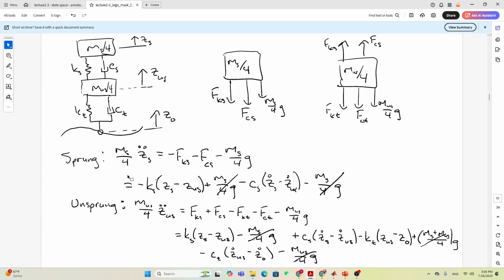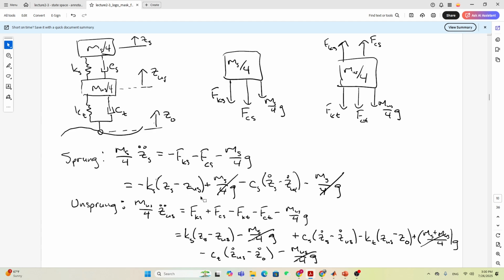So let's use Newton's second law to write down the equations of motion of the sprung and unsprung mass. For the sprung mass, you have to consider the relative displacement between the sprung mass and the unsprung mass, which is Z of S minus Z of US.